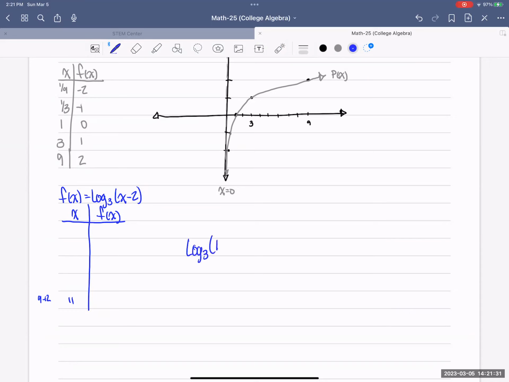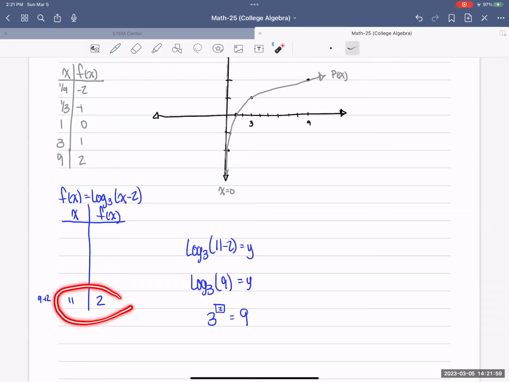Now let's see what we have here. Log base 3 of 11 minus 2 is equal to y. That's going to be log base 3 of 9. And we ask, 3 to what power will give us 9? 3 to the power 2 will give us 9. And notice it's very similar to what we have here. As long as we add 2 to each of our inputs, we're going to get the exact same output.